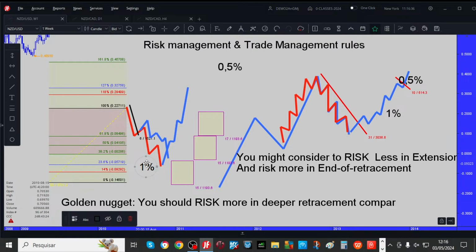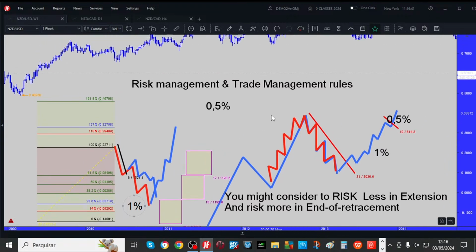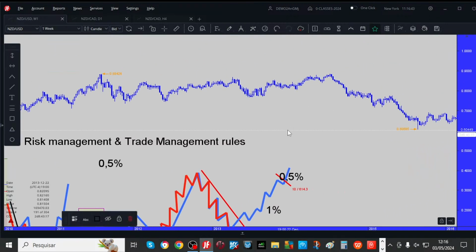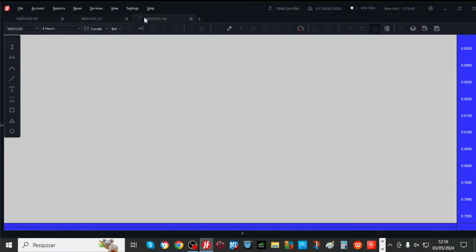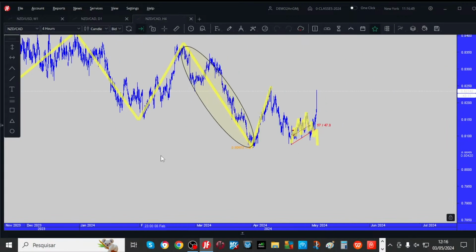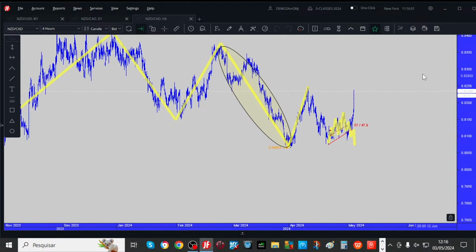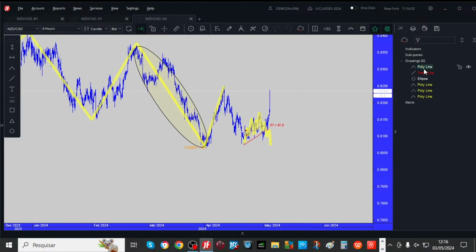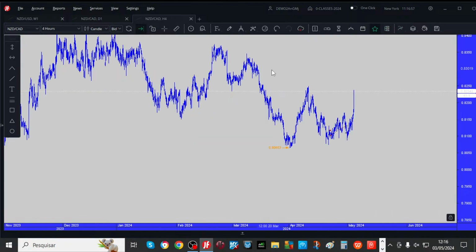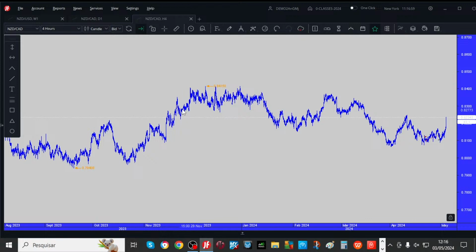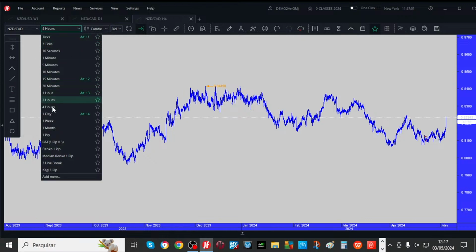All right. Now let's talk about trade management. I'm going to give you mine. Let's go on the NZDCAD daily chart, and we're going to delete. There you go. Let's go on the daily chart.